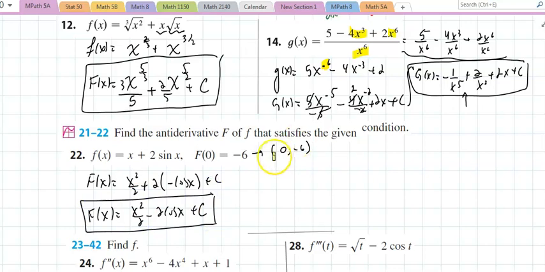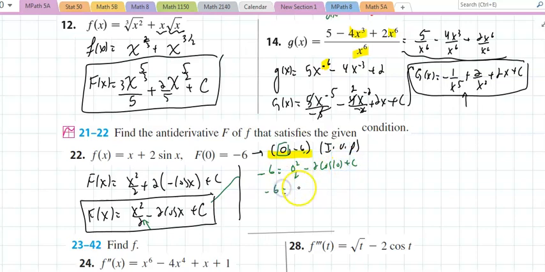When they give me initial conditions, they call that an initial value problem. That means they gave us the initial values to find c, and all you have to do is figure out y equals negative 6 when x equals 0. So 0 squared over 2 minus twice the cosine of 0 plus c.